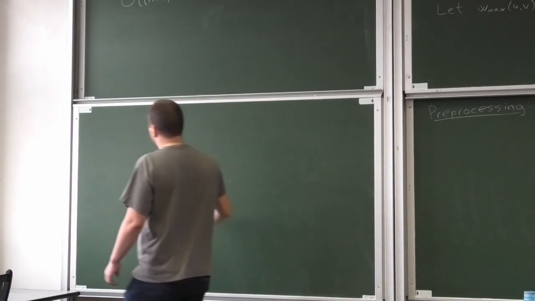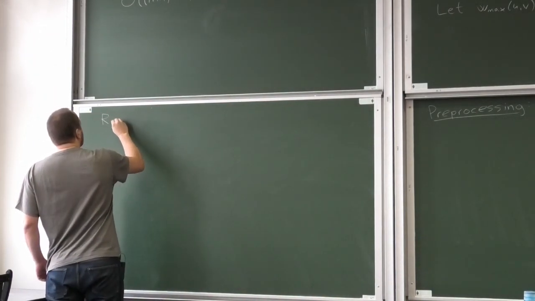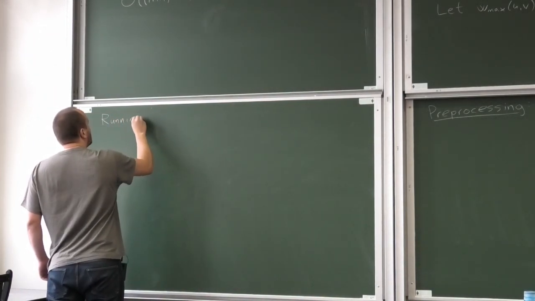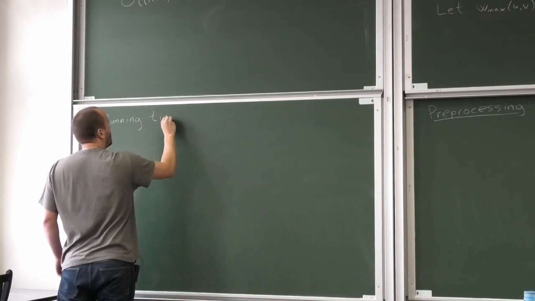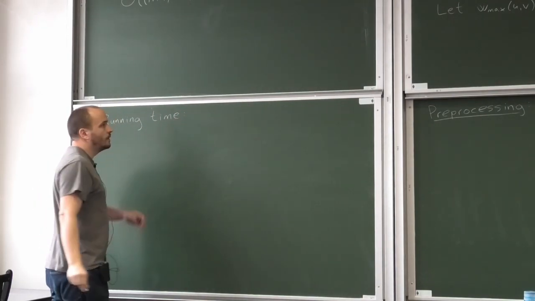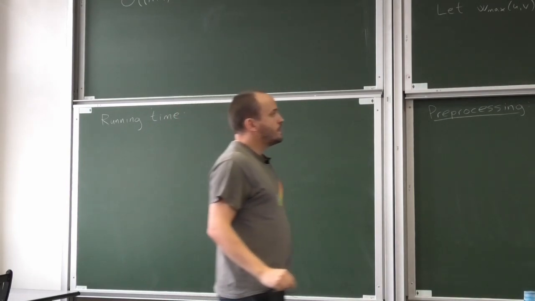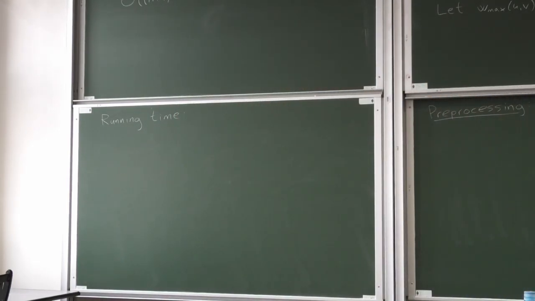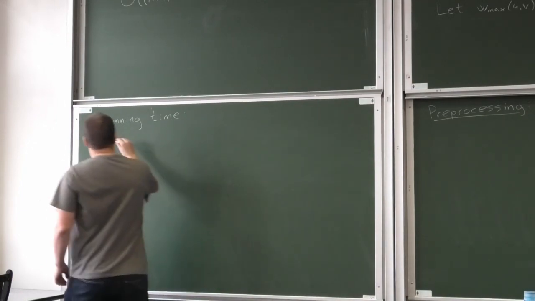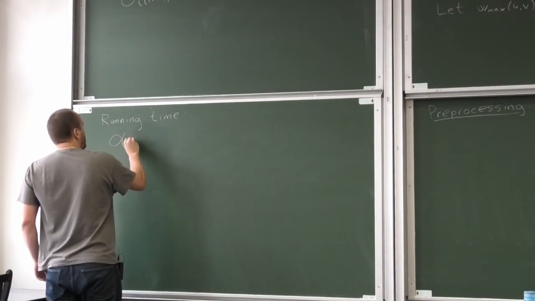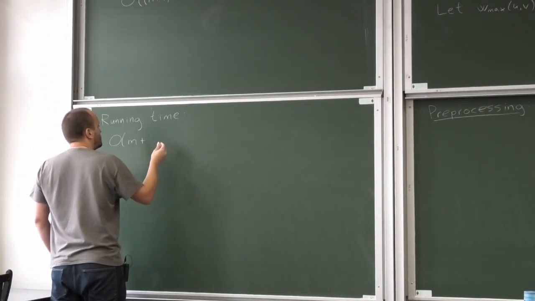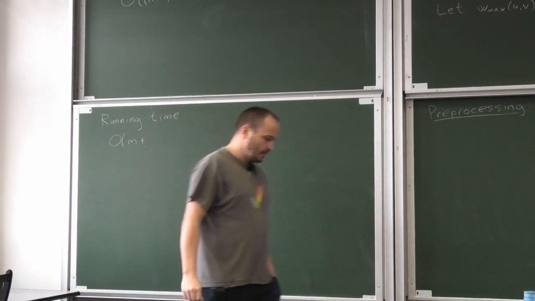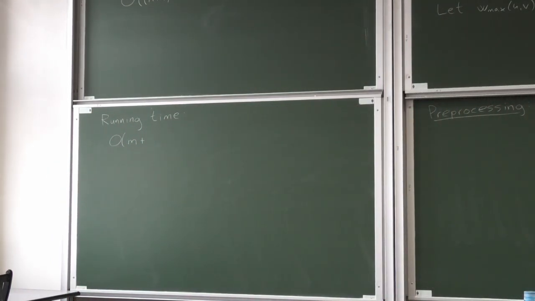So, running time. We can write up the running time already as expressed exactly this way. So the running time is O of m plus, so the question is, what should we choose d to be?